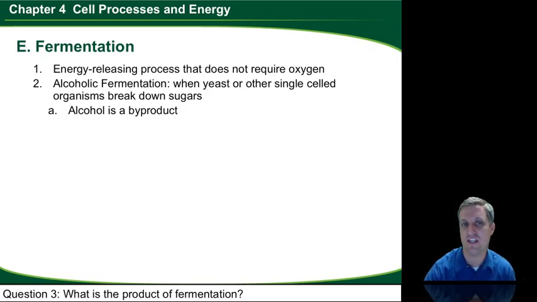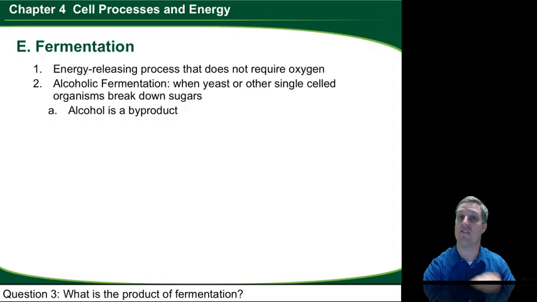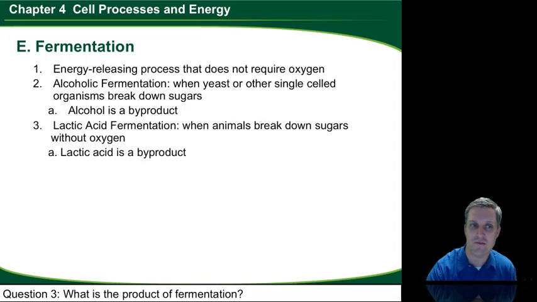That smell is actually the byproduct of the process. It's alcohol. We see alcoholic fermentation in the making of wine and beer, where yeast organisms break down the sugars in that plant, and alcohol is the byproduct. People make lots of money selling it, and sadly, people become alcoholics.